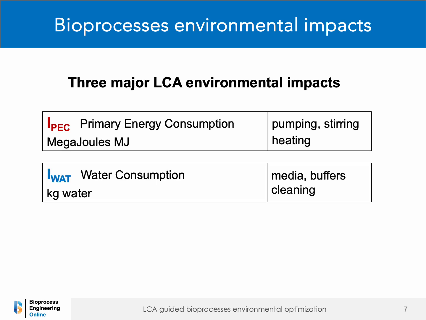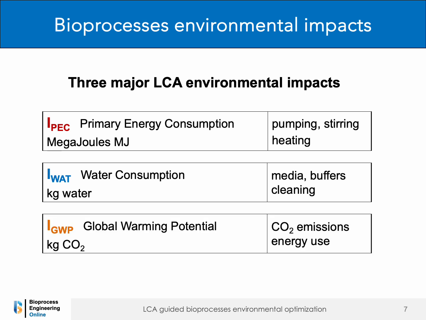Secondly, water consumption, Watt, in kilograms of water. Bioprocesses can entail significant water usage for media and buffer preparations, as well as equipment cleaning. Thirdly, global warming potential, GWP, in kilograms of CO2. In bioprocesses, there are notable levels of CO2 emissions during the fermentation stage and from energy consumption.